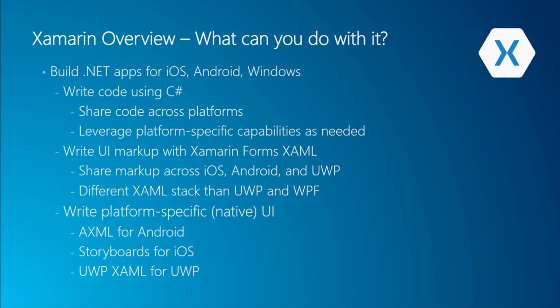So you can kind of interweave .NET and platform-specific code as you need for your specific purposes. And then the UI layer, you can either write cross-platform markup using Xamarin Forms, or you can get platform-specific and do a full fidelity native UI experience.